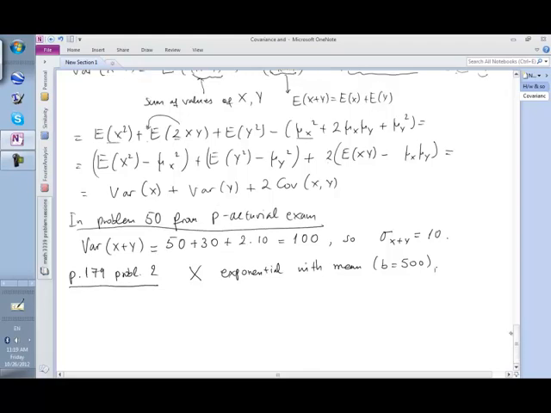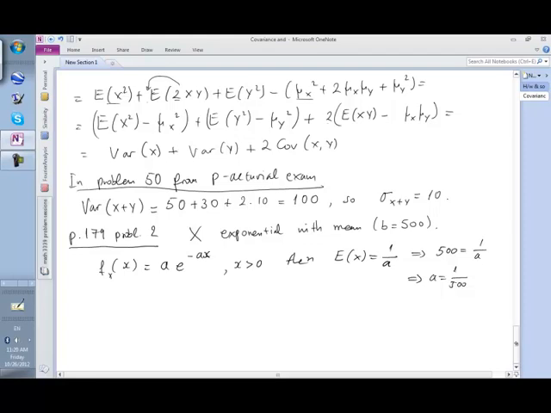Now recall when I did the calculation in the class, if I use f sub x to be the PDF of the exponential, and I use this notation for the exponential with x positive, then the expected value of x as we calculated is 1 over a, and this is the mean value. So this 500 that you have is equal to 1 over a, and therefore this a is equal to 1 over 500.